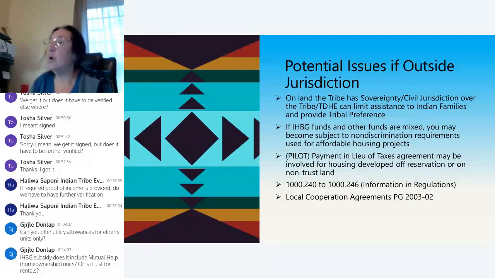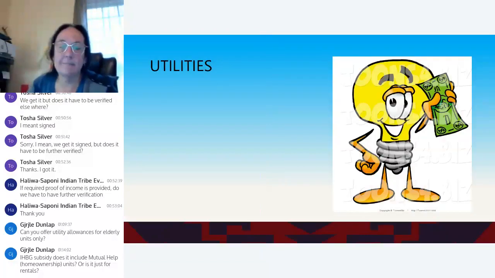And you are able to give them a payment in lieu of taxes, but it's very spelled out as to what you can do. And if you are in that circumstance, make sure that you pull up that program guidance. It's 2003-02. Like I said, because we can't pay taxes.